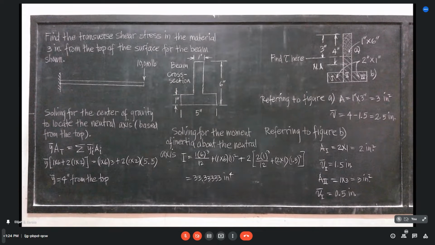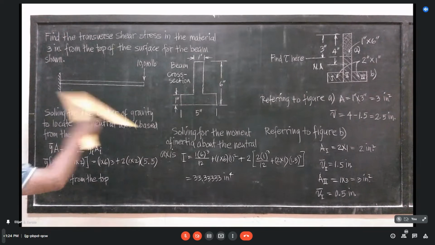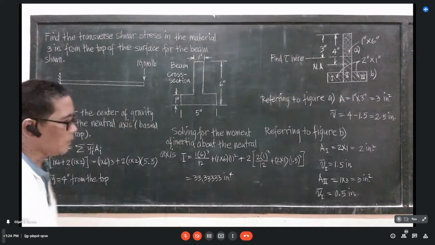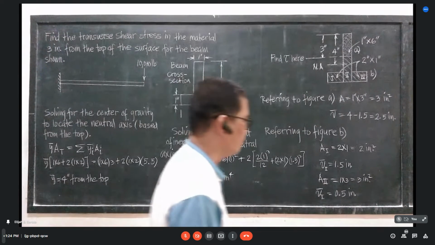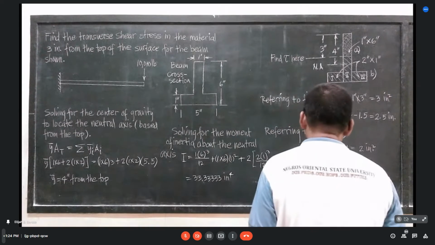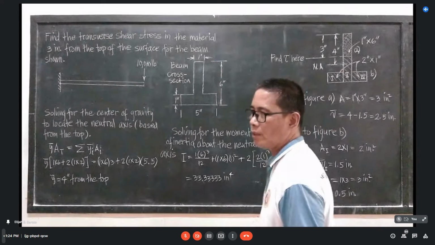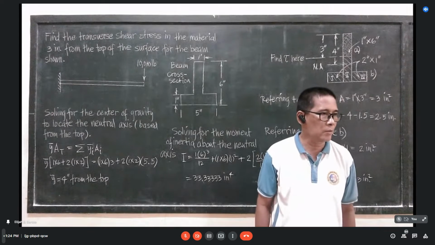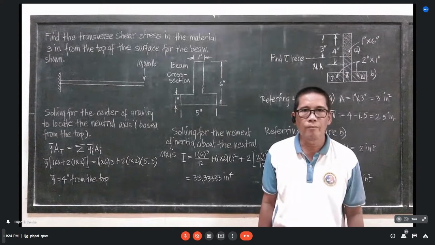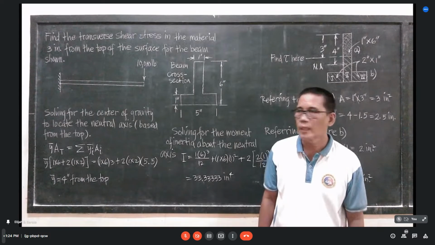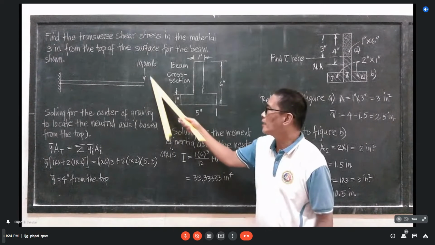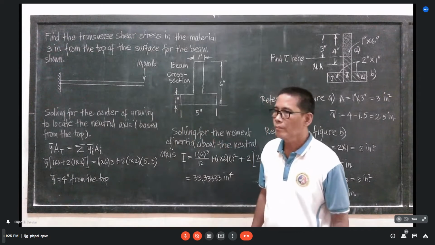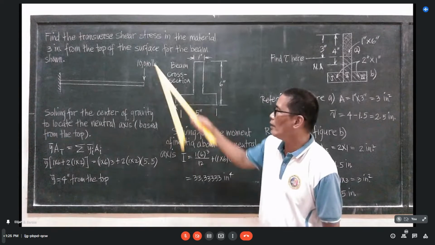Along the horizontal axis, what are the forces acting? The load is only 10,000 pounds, and this is the horizontal axis.